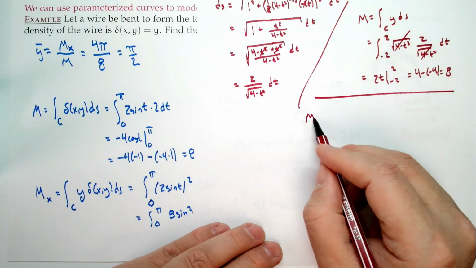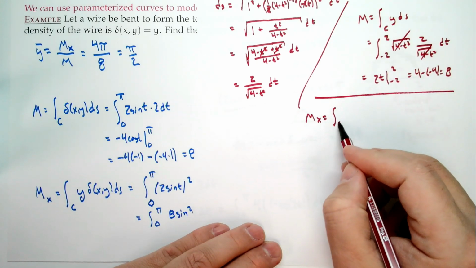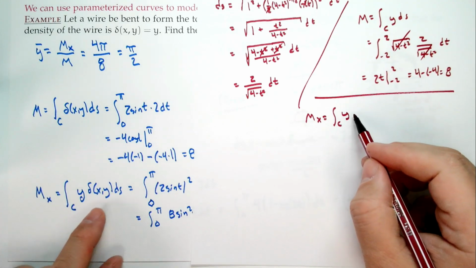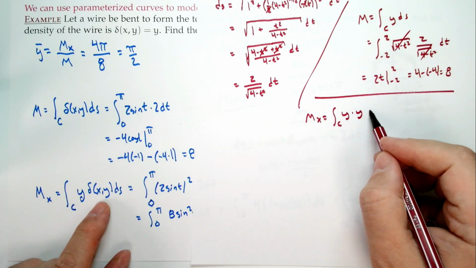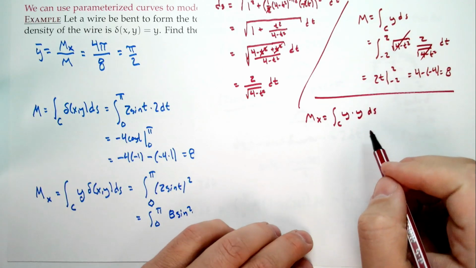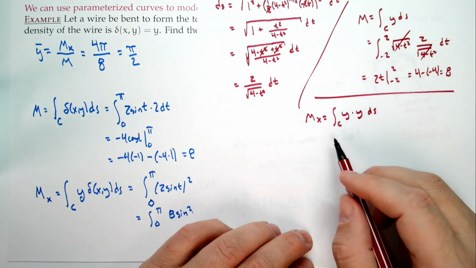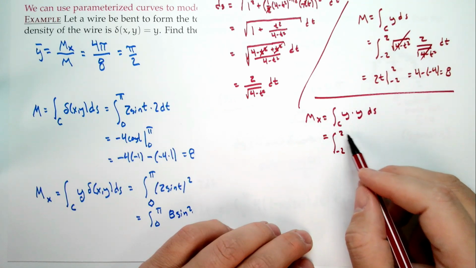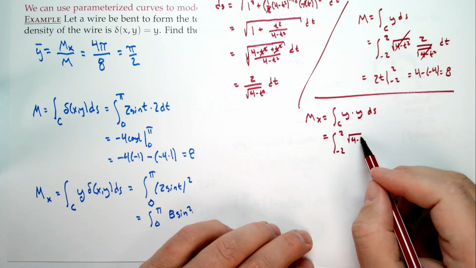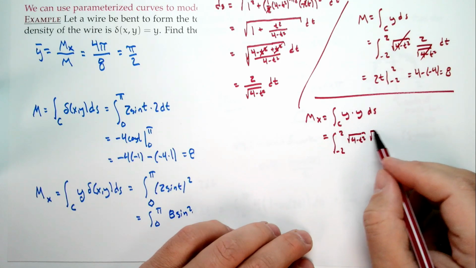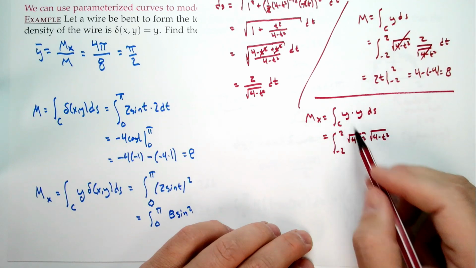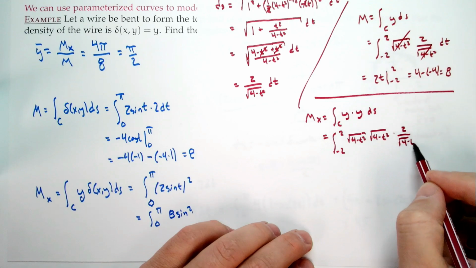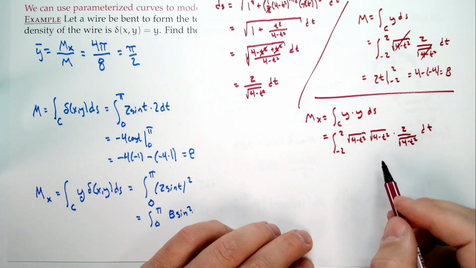So, what is m sub x? Well, as before, integral on the curve, it's still y times our density, which is y again, ds. Now you're thinking, aha, this is the one. This is the one that's going to get us in trouble. Negative 2 to 2, that's square root of 4 minus t squared, then another square root of 4 minus t squared, there's a y, there's the second y, and then 2 over square root of 4 minus t squared dt.